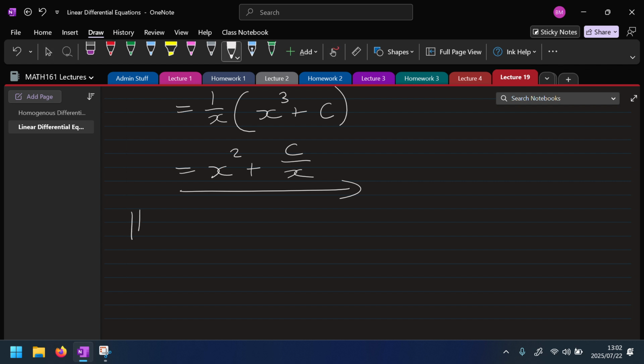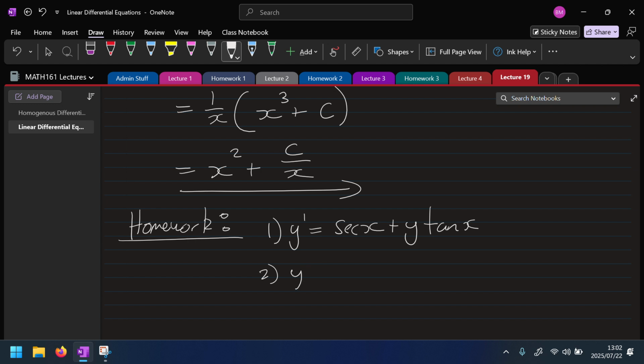Okay, some homework problems. These homework problems are just for the linear case. So we have y prime is equal to sec x plus y tan x. Already it's not in that standard form. Remember it's y prime plus p of x times y equals q of x. That tan x needs to be on the other side.